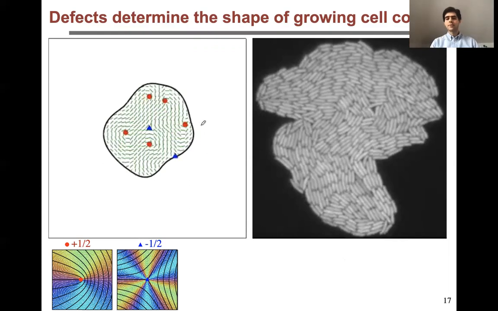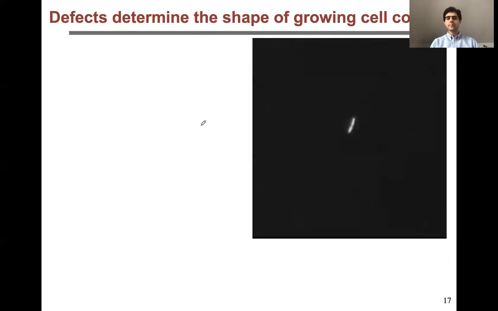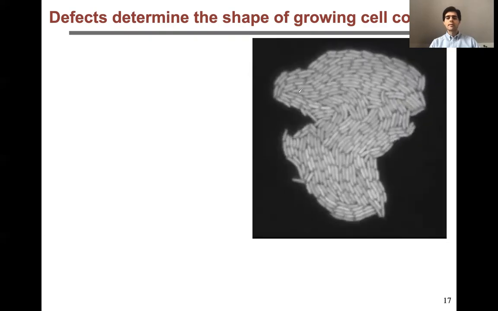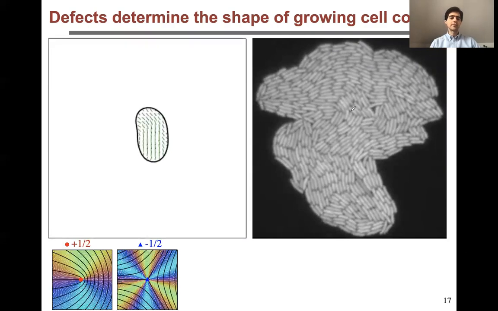If you look more carefully, you will see essentially the same thing in the experiments. As the bacteria divide and they move, you see that these protrusions essentially form at the locations of the plus half defects. As you can see here, here, and the minus half defects basically get produced in the center.